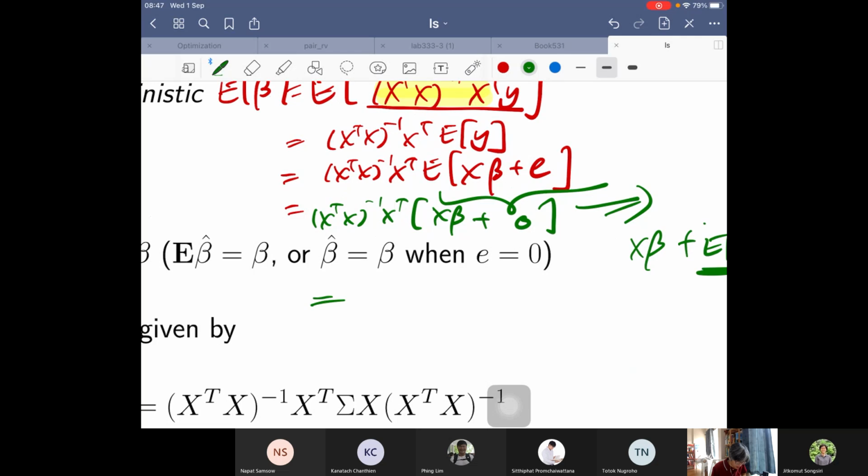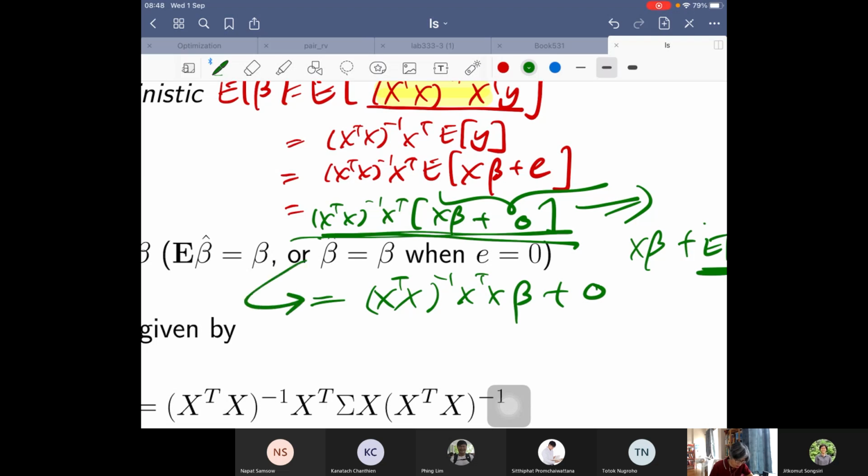Okay. Can you multiply everything? The first term is... Can you multiply this? Just multiply this guy.